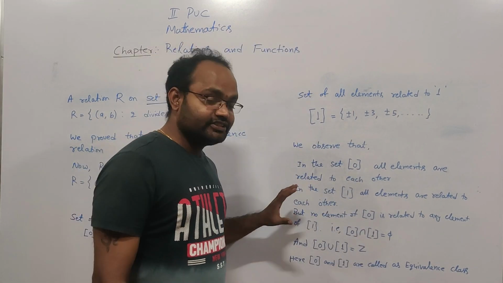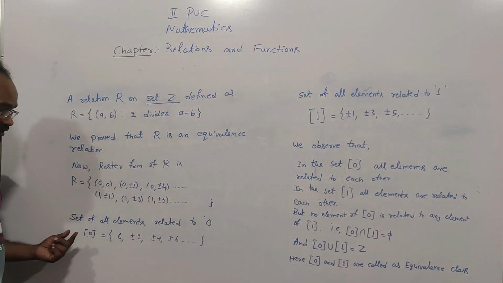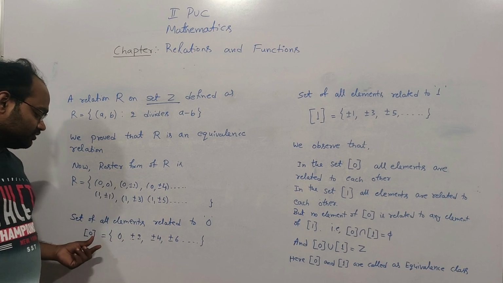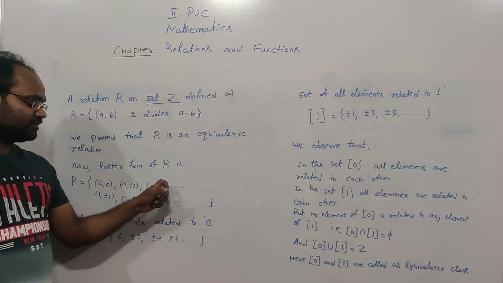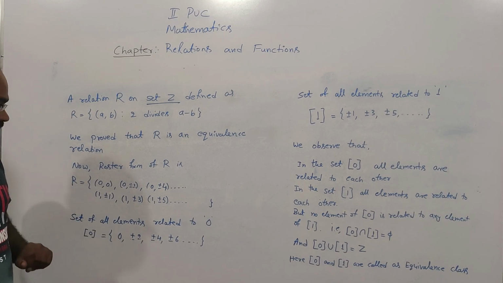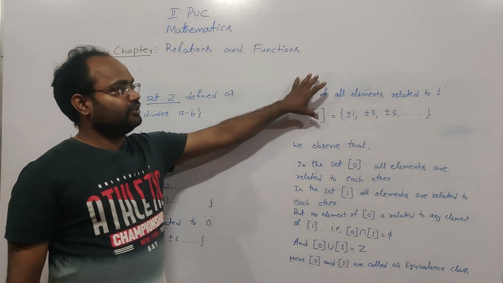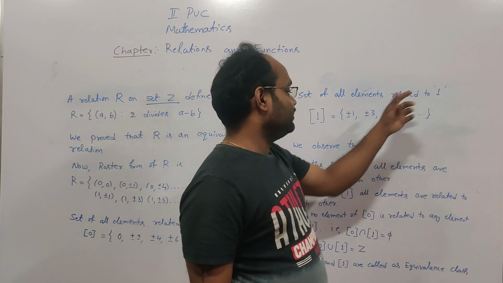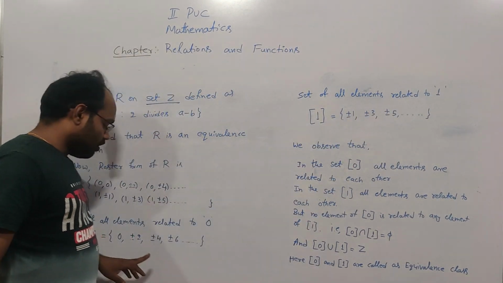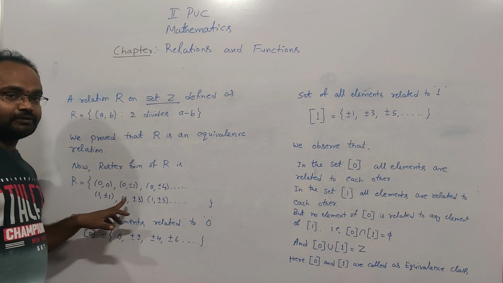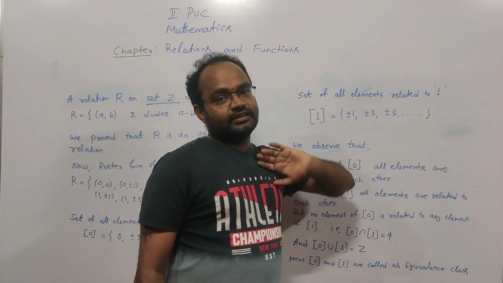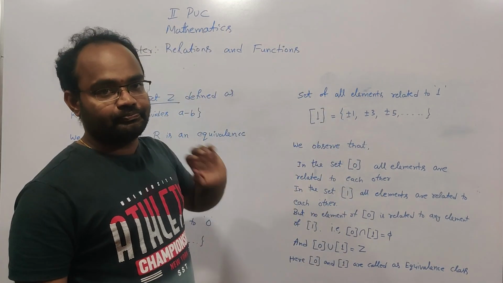So let us list out the set of elements which are related to 0: 0, plus or minus 2, plus or minus 4, all related to 0. Similarly the set of all elements which are related to 1, let us denote it by this symbol: all odd numbers, plus or minus 1, plus or minus 3, plus or minus 5, etc. They are related to 1.